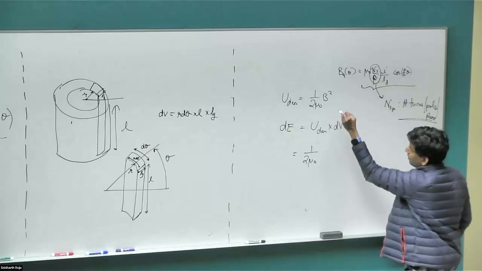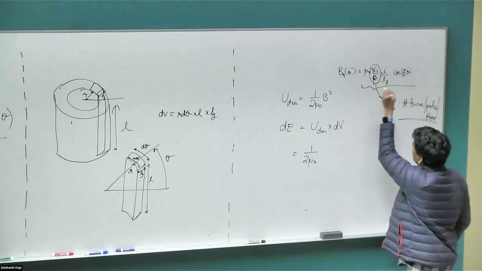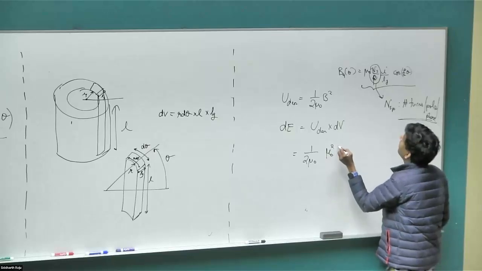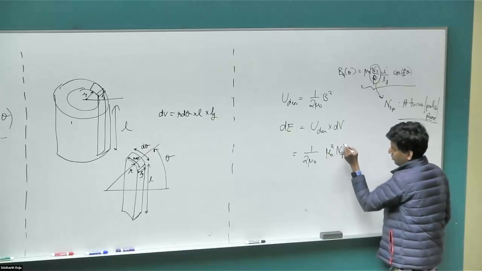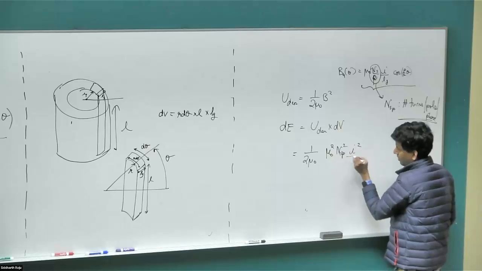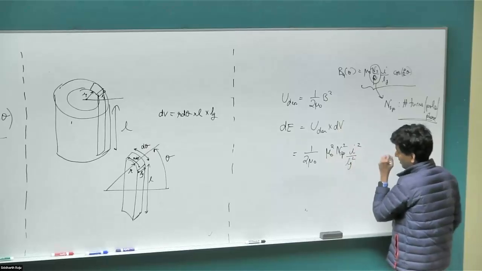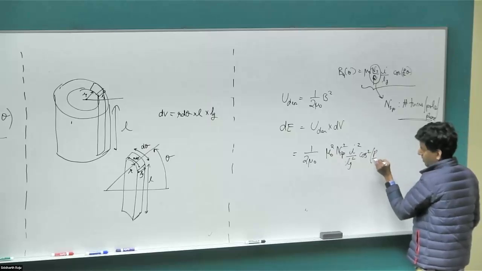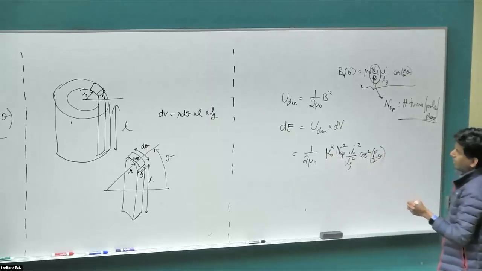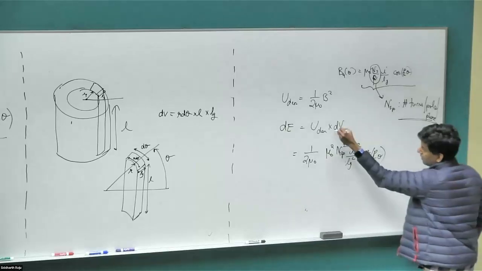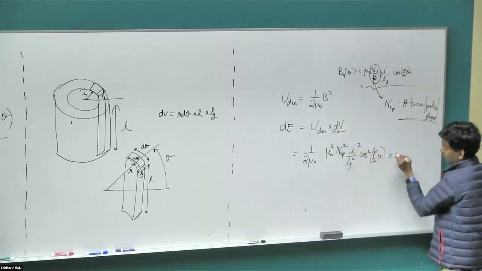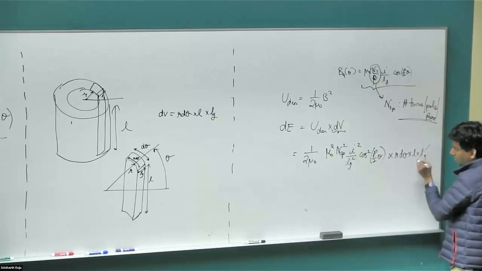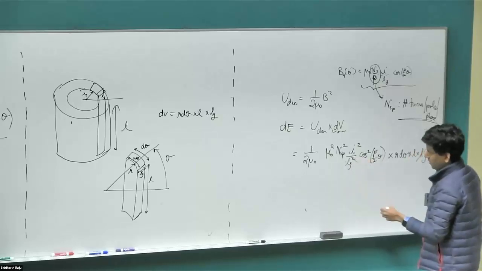So let's substitute for B square whatever expression I have on the top there. So I have mu naught square minus p square I square divided by Lg square times cos square p by 2 theta times my dV, which is r d theta times L times Lg. Lg square gets cancelled.